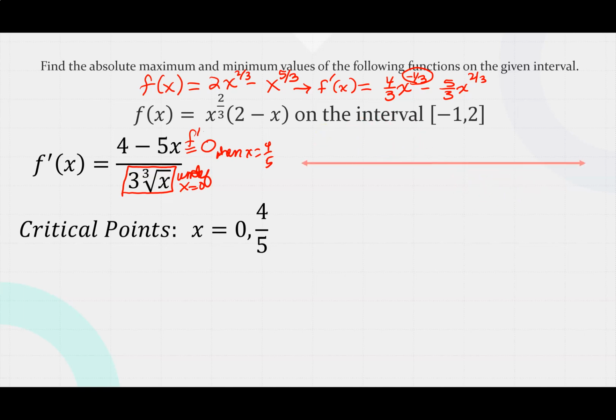Put the critical points on the number line. And we're going to check the derivative in between to see if there's a sign change.